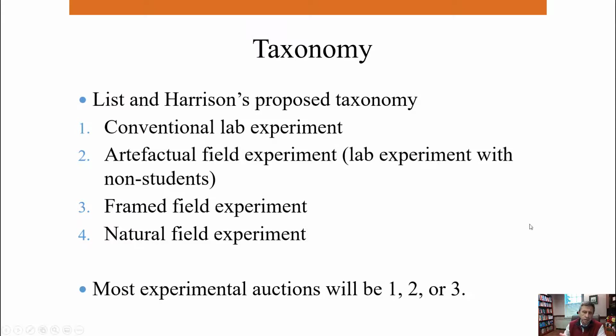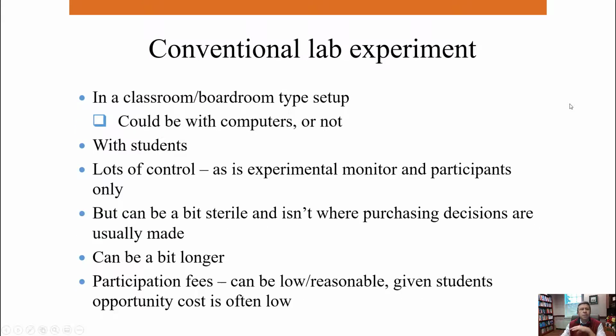So let's take a quick look at these differences. A conventional lab experiment. If you are doing an auction and it's considered a conventional laboratory experimental auction, it's going to be in a classroom type setting or boardroom, just like a normal room.